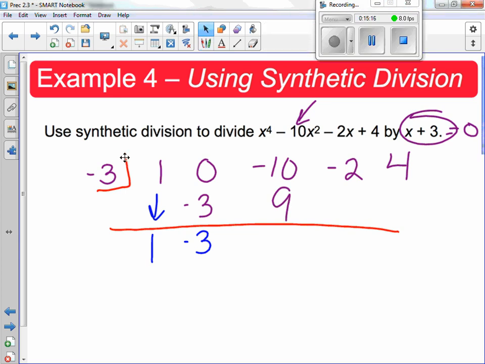Negative 10 plus 9. So this here does not divide evenly because the last number is not 0.